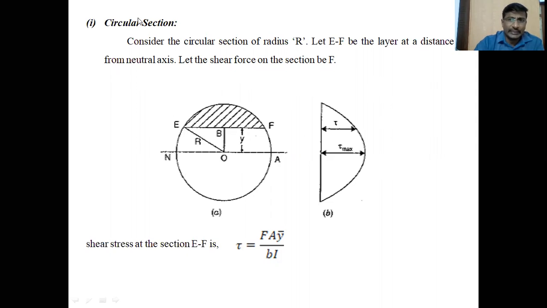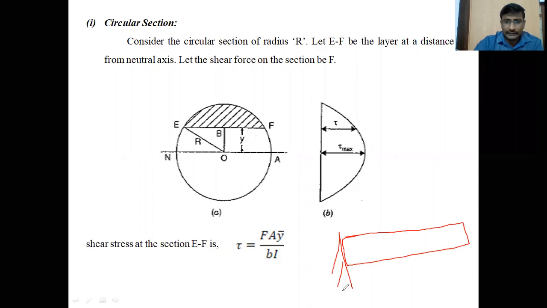What is shear force? Every time I'm saying shear force, we already studied it in the shear force and bending moment chapter. For example, consider a cantilever beam with a load W applied at the free end. The shear force is W at this point and remains the same along the beam.